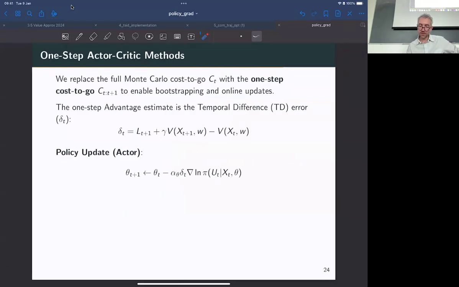So when you update the policy, you're always going to do it using the gradient of the log probability of the policy. But the scaling that you're going to have in front of it is not going to be the cost to go, is not going to be the advantage, it's going to be the TD error.